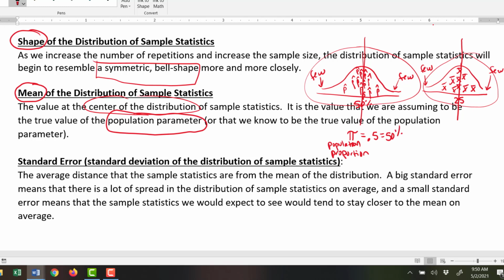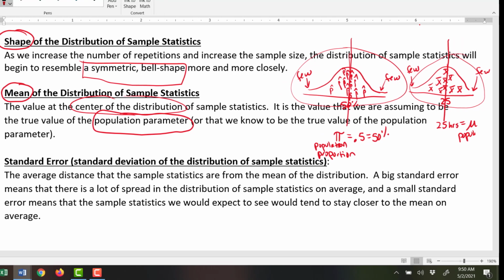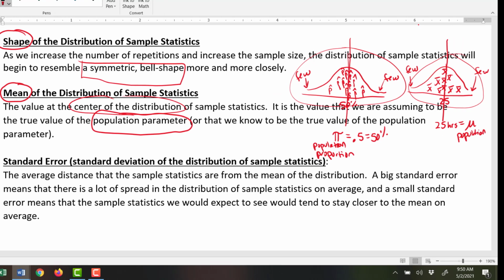If you flip the coin forever and ever, in the long run, it would flip heads 50% of the time because it's a fair coin. And this one, 25 hours per week, is the population mean, meaning if you talk to every single student on campus and you averaged up all their hours, you would find that the population mean was 25 hours per week.